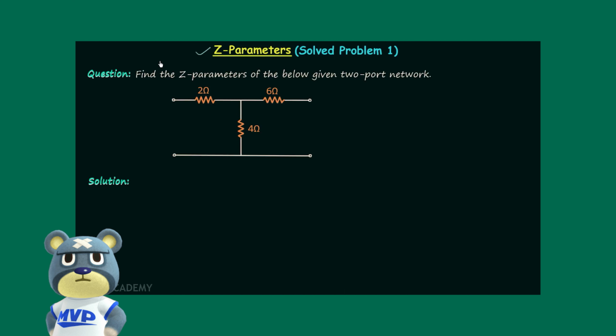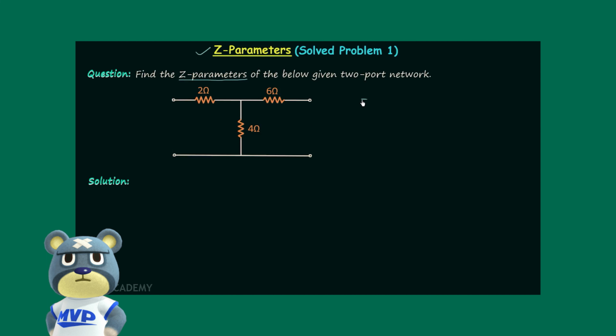So according to the problem, we are required to find the Z parameters of the below given two-port network. So this is the two-port network given in the problem and we are required to find the Z parameters.